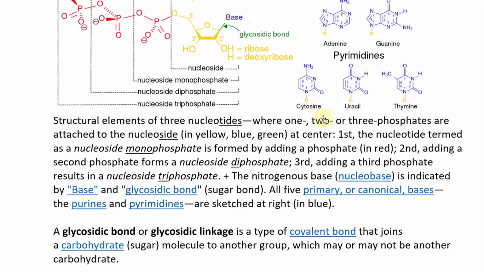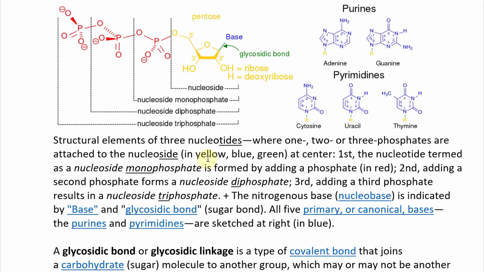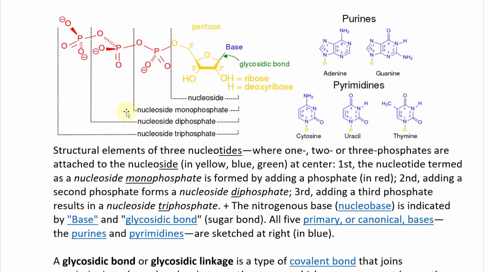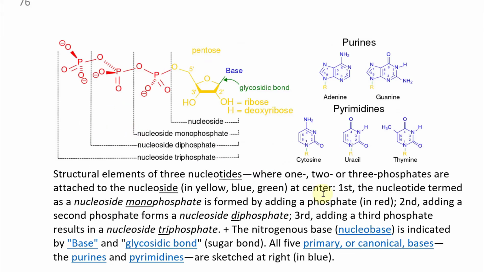Alright, let's continue further to illustrate the different types of phosphates, the nucleoside and the nucleoside phosphates. Here are structural elements of 3 nucleotides where 1, 2, or 3 phosphates are attached to the nucleoside in yellow, blue, and green at center.